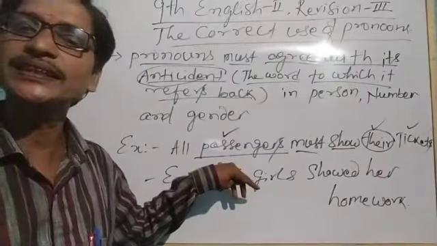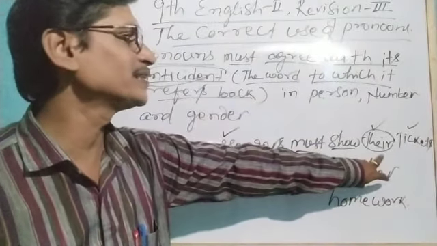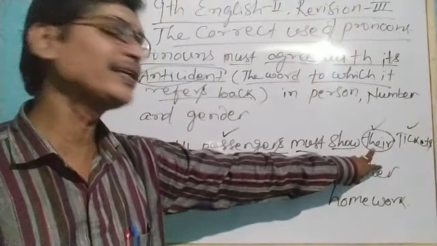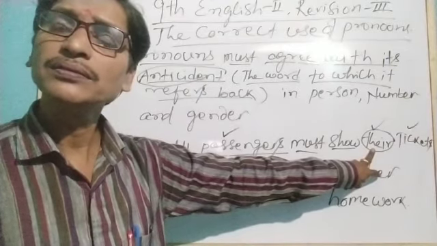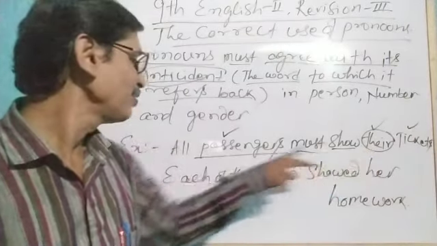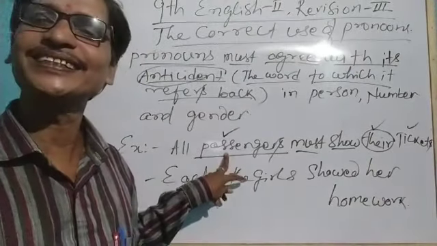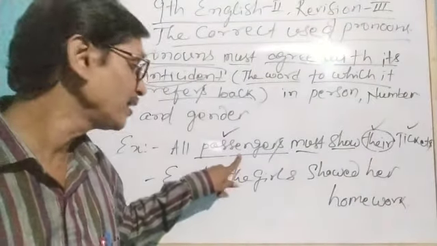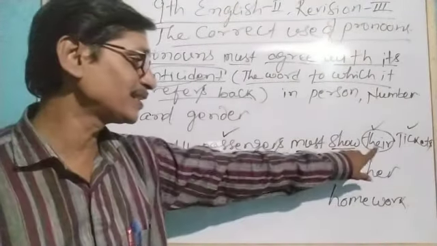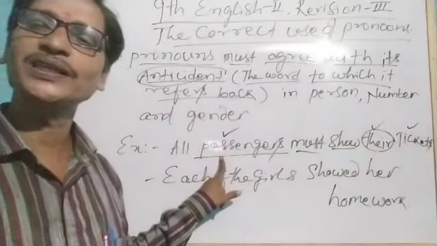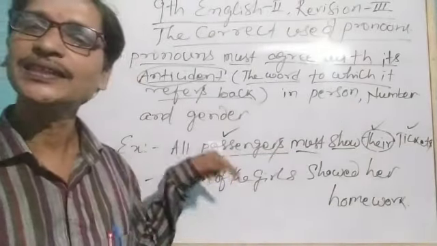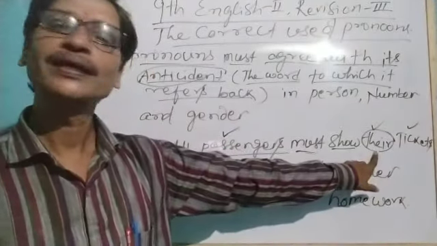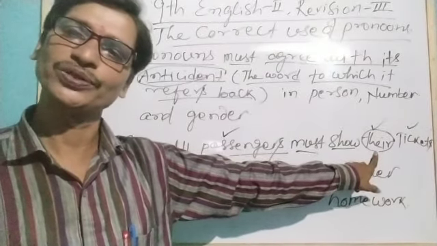In accordance to this antecedent, the pronoun should agree with it. If we write our, her, my, it will not agree with this antecedent. Therefore this pronoun can agree with this antecedent. This pronoun refers back to its antecedent. In accordance to the antecedent's person, number and gender, the pronoun is used.